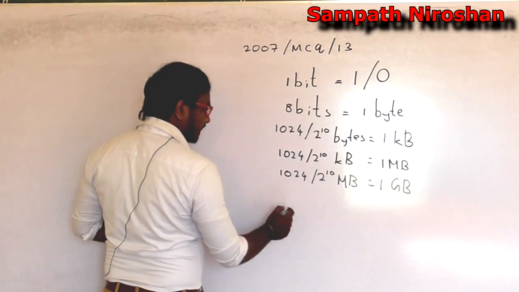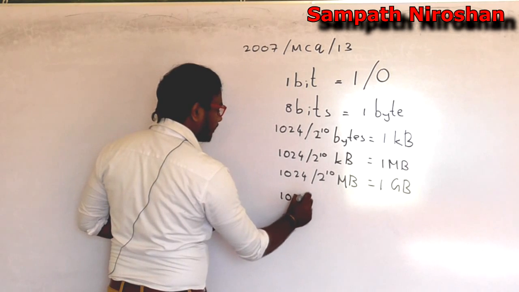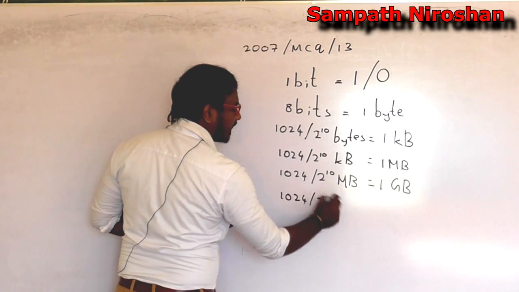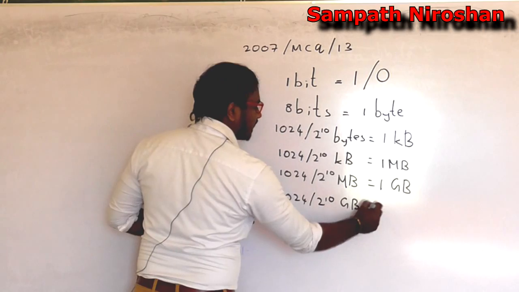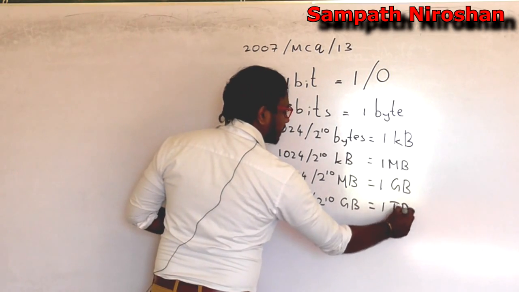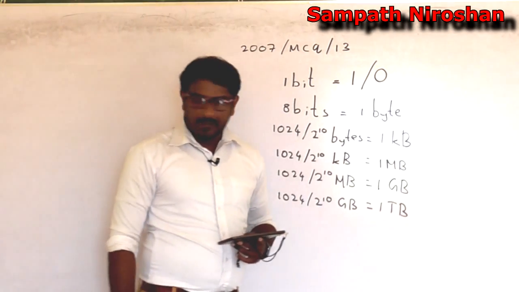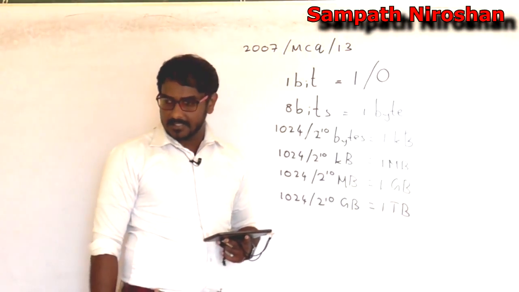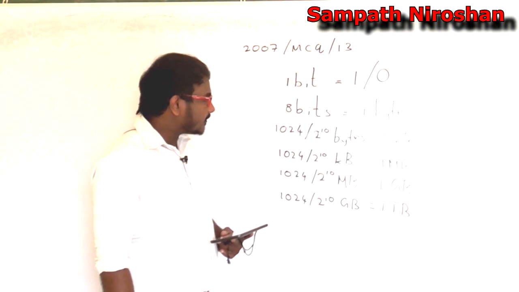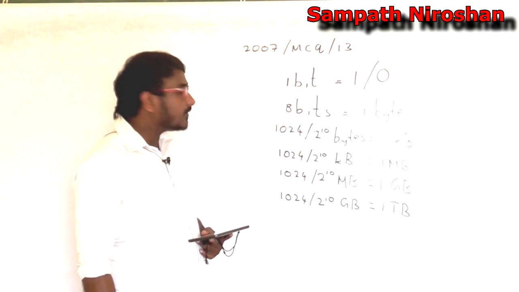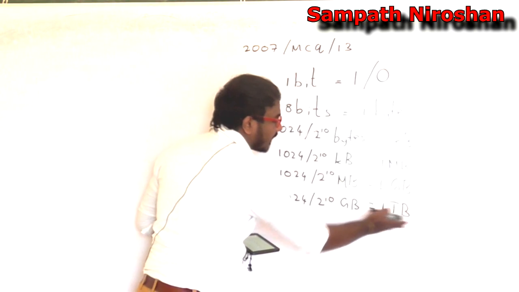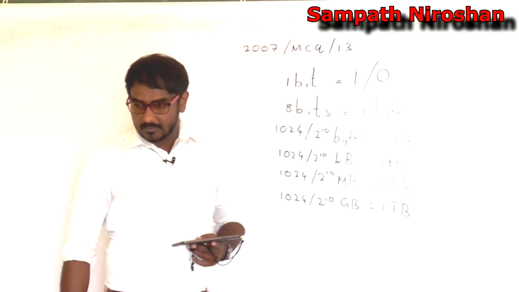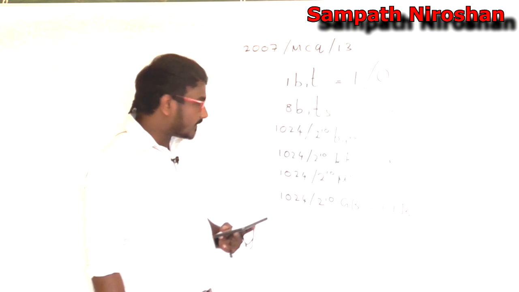After gigabyte, the last one we need is 1024 or 2 to the power 10 gigabytes, which equals 1 terabyte. After that you have petabyte, exabyte, zettabyte, yottabyte, but in the modern computer field we have up to terabytes only in common use. So up to terabyte we are discussing.